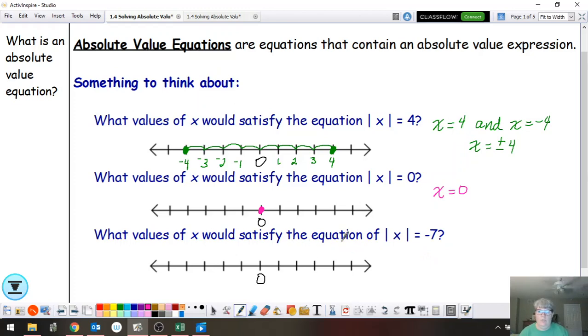So when it comes to absolute value equals a negative, we don't have a distance that's -7 units away from 0. So in this case, what we have is no solution, because absolute value cannot equal a negative. So when we're solving absolute value equations, we're either going to have 2 solutions, 1 solution, or no solution, based upon what the absolute value equals.